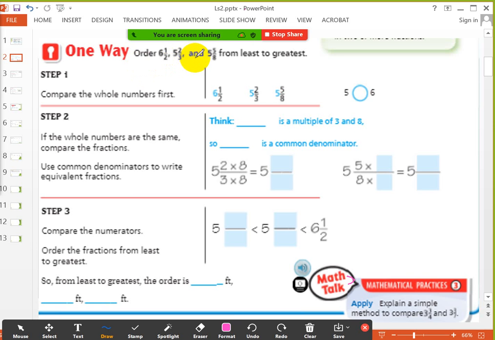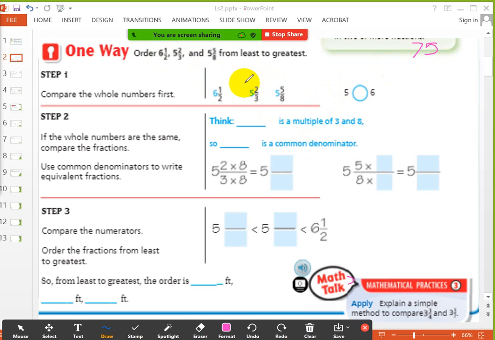Okay, so when I want to order numbers, I have to compare between the numbers, okay? So I have to compare between 6 and 1 over 2, 5 and 2 over 3, 5 and 5 over 8. Let's compare the numbers.